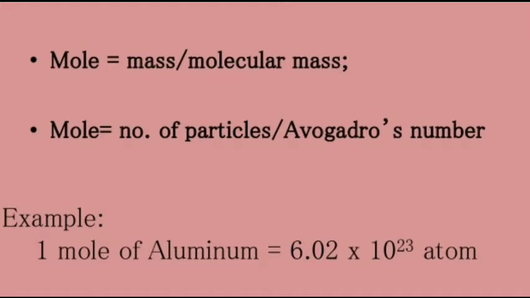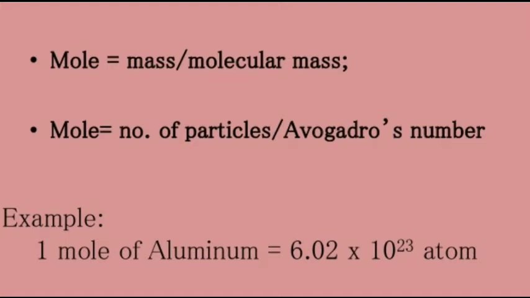Okay, so if I am talking about 1 mole of oxygen, what is the atomic mass of oxygen? 16 gram. So 1 mole of oxygen is equal to 16 gram and it will contain 6.022 into 10 power 23 number of atoms.